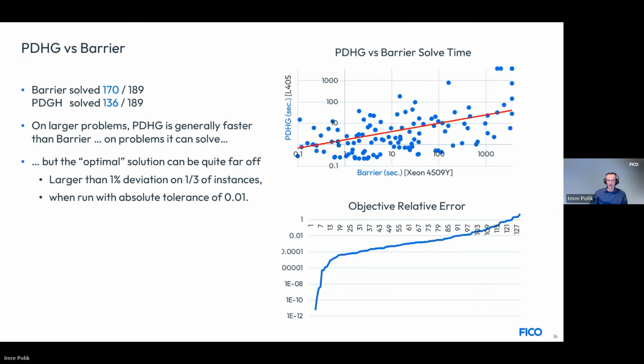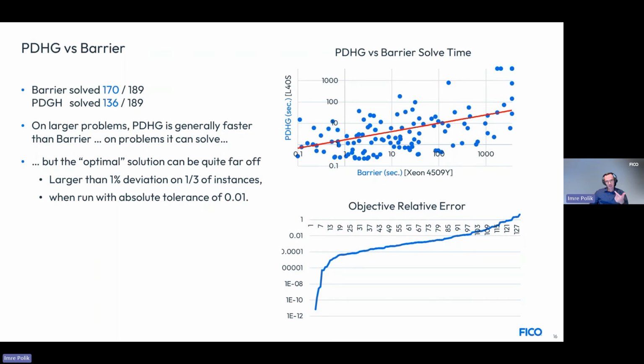But because of the relaxed tolerances, the optimal solution can be very far off. And when we mean the optimal solution, I actually mean the optimal objective value. So there was over 1% deviation on at least a third of the instances if you just run it to an absolute tolerance of 0.01.